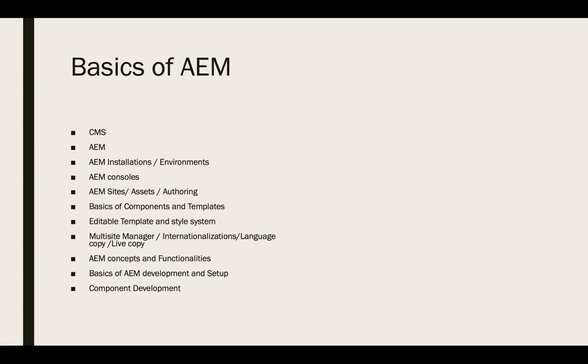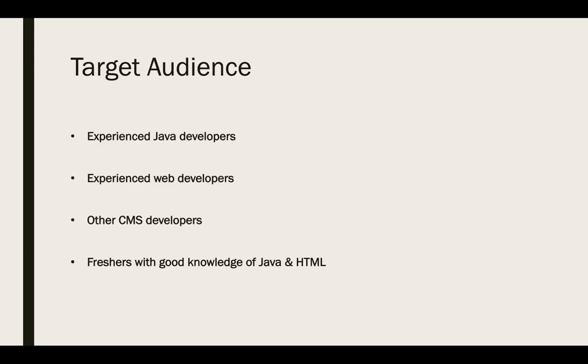Then we will also look at some concepts and functionalities. And you will be able to set up your dev environment and start writing code and develop components at the least. And then if time permits, we can touch on a few other advanced concepts as well. And of course, we talked about this.